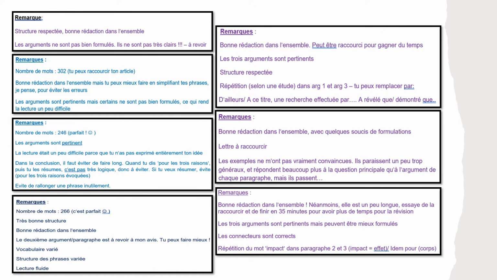It was difficult to read because some of the ideas were not very well written and the connectors were missing. In the conclusion, she's saying that I should avoid making it too long and I should just say pour les trois raisons, which I've actually started using, as you could also see in the previous example. But basically, what I'm trying to say is that I also used to make a lot of mistakes and I've learned it with time.